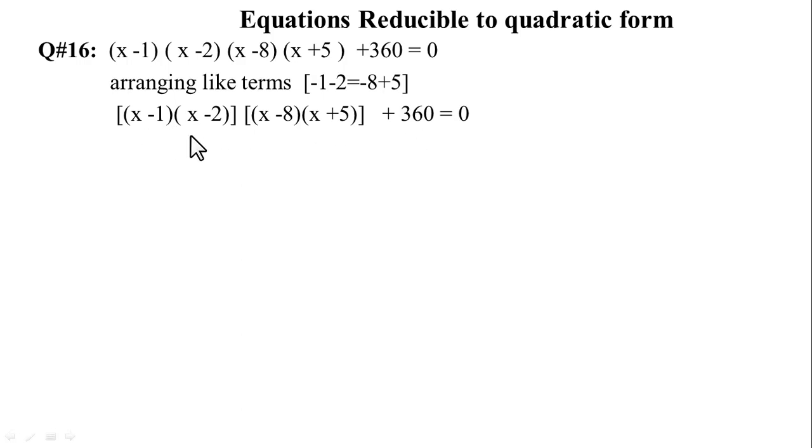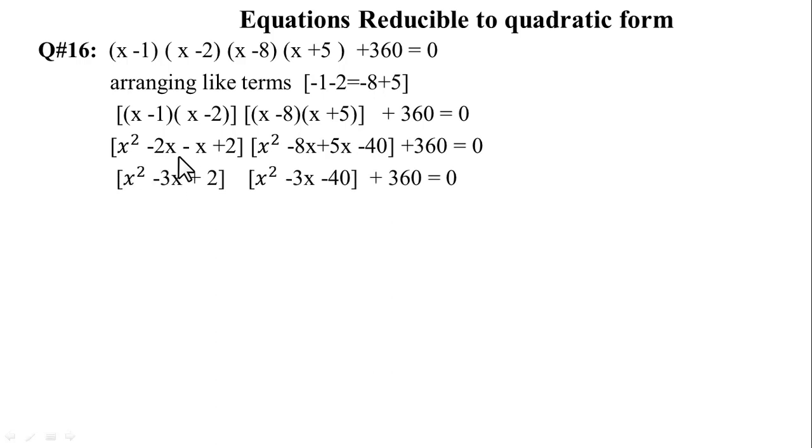Now we multiply this equation, then x square minus 2x minus x plus 2, and multiplying the other two, x square minus 8x plus 5x minus 40, plus 360 is equal to 0. Now we can solve that.